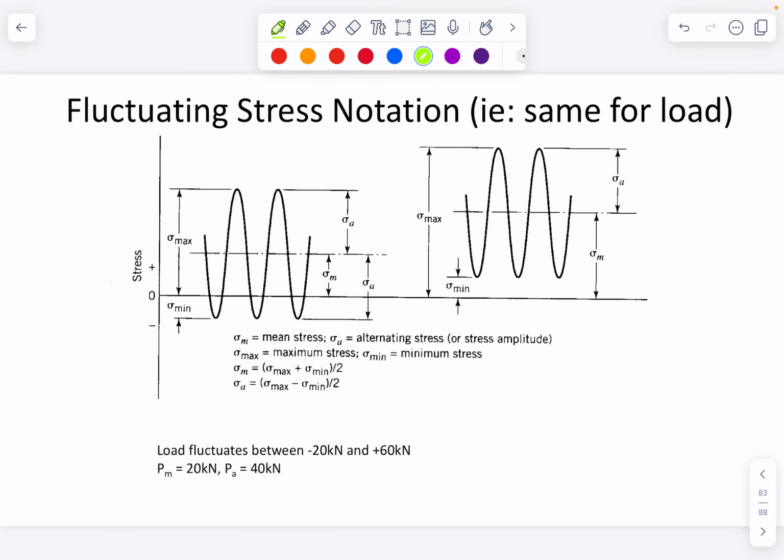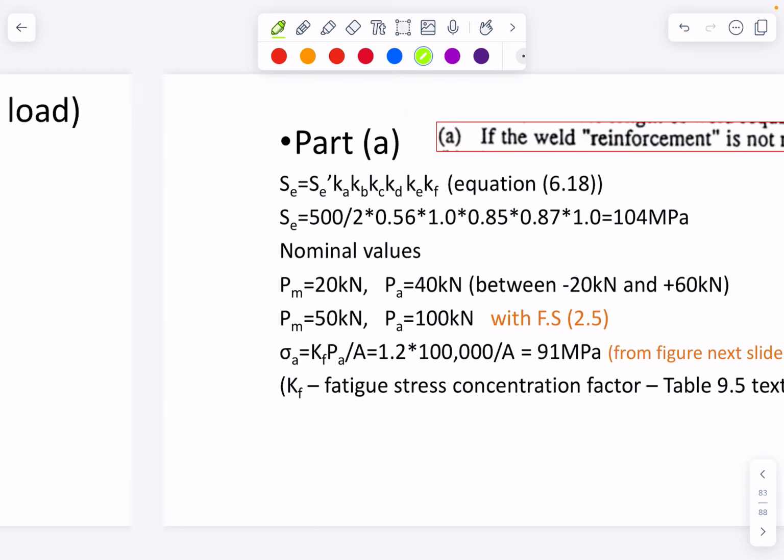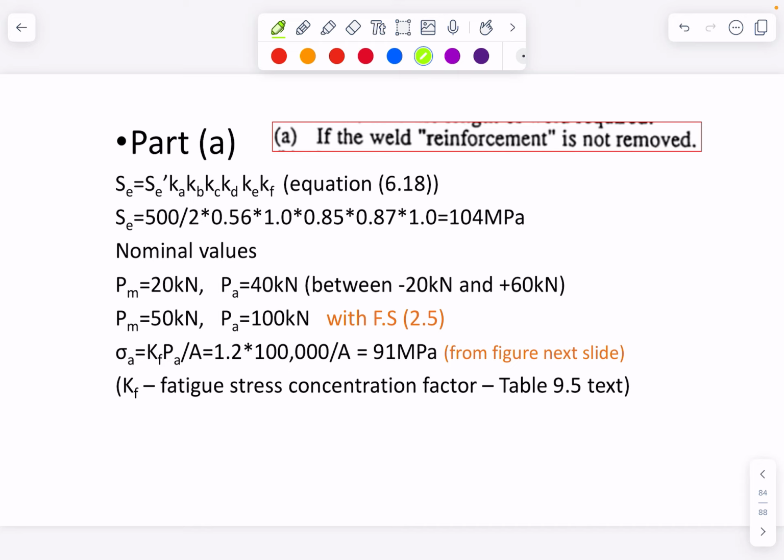So, load fluctuates between -20 and 60, gives me a mean and an amplitude, which we can then start to plot. What we've done here is use that and used the 2.5 to work out what that would be. So when we plot it on our graph, our Gerber diagram, it looks correct.